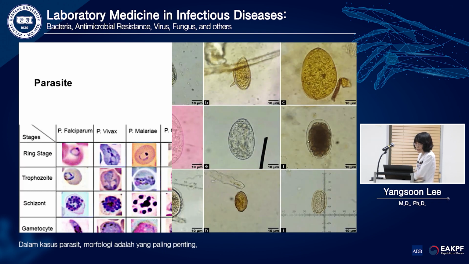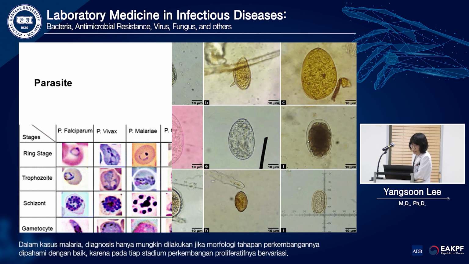In the case of parasites, morphology is most important. A skilled expert examines the morphology under a microscope and diagnoses it. In the case of malaria, diagnosis is only possible if the morphology of the developing stages is well understood. The stages of proliferation are varied: ring stage, trophozoite stage, schizont stage, and gametocyte stage.